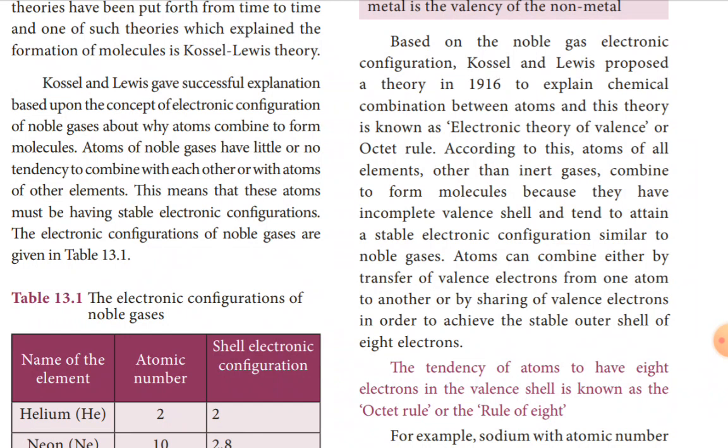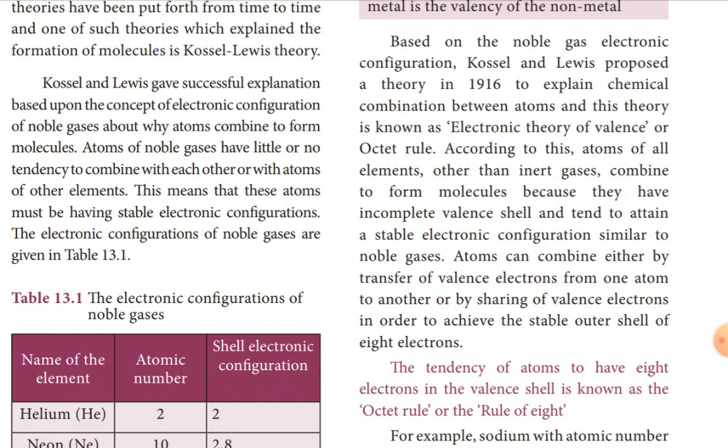Transfer means either gain of electron or loss of electron. Atoms may transfer electrons from one atom to another, or also combine by sharing of valence electrons. So transfer or sharing.